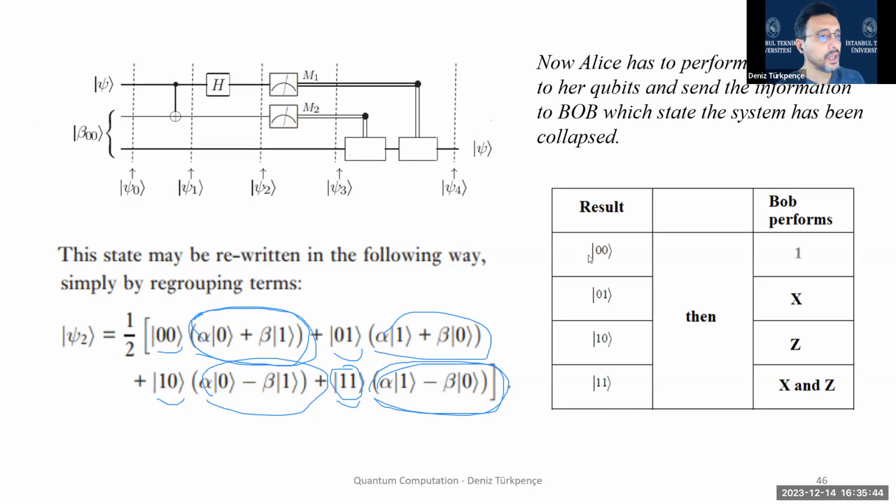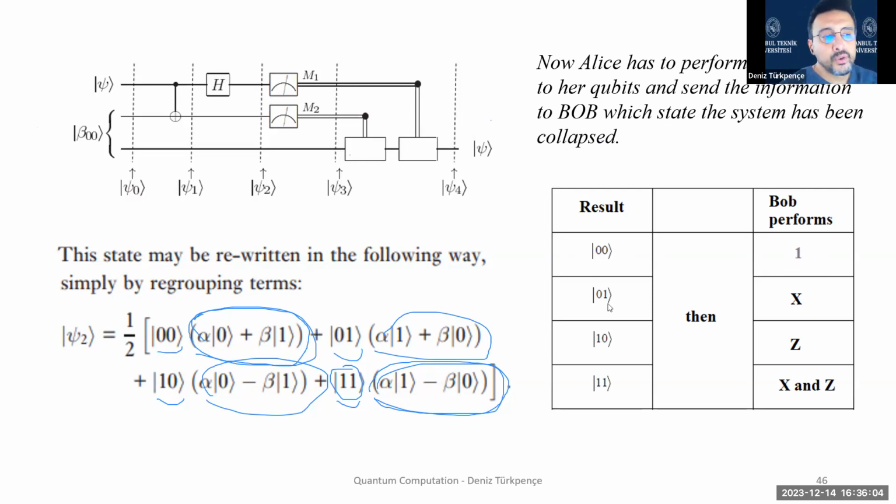Okay? If the result is 0, 0, Bob should do nothing, because he should perform an identity operation, because his qubit is already in the state that we set. Okay?